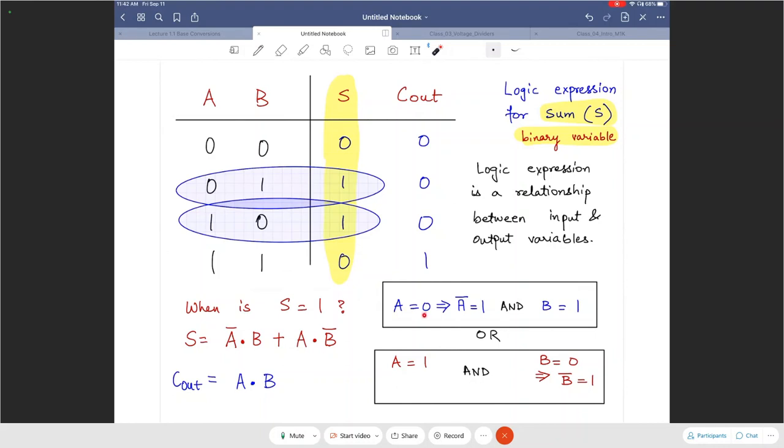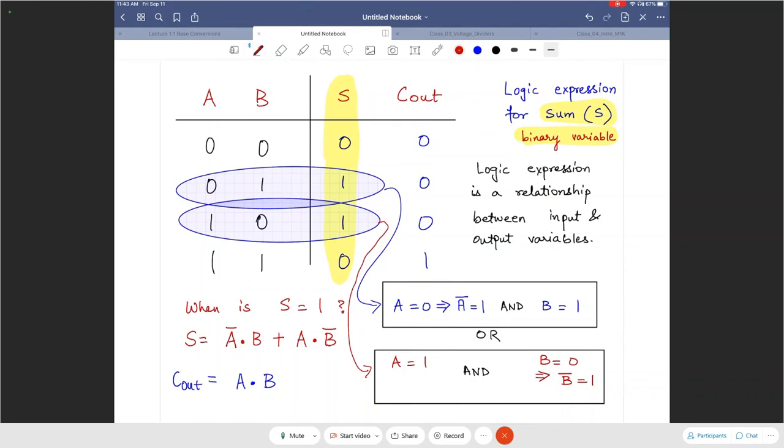A is 0, that means A complement is 1. And for S to be 1 for the first case, A complement has to be 1 and B has to be 1. Similarly, for the second case, S is 1 when A is 1 and B is 0, or B complement is 1.